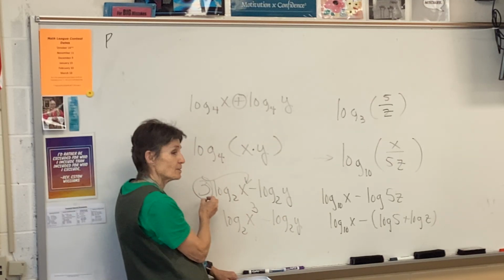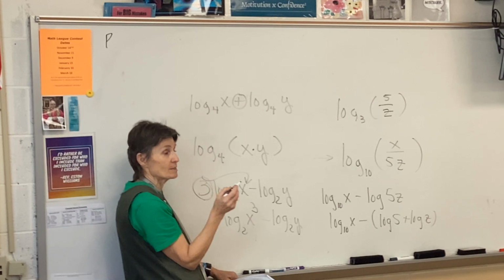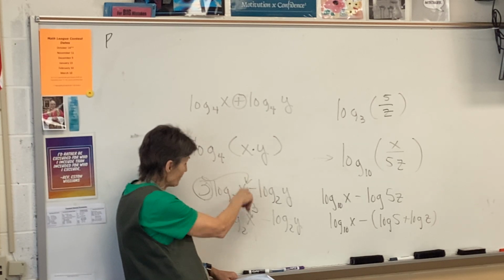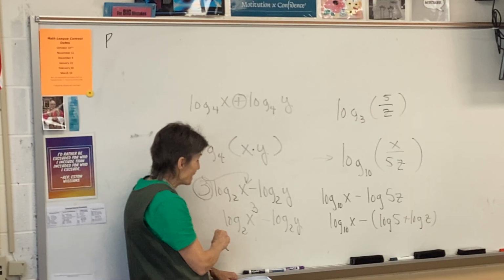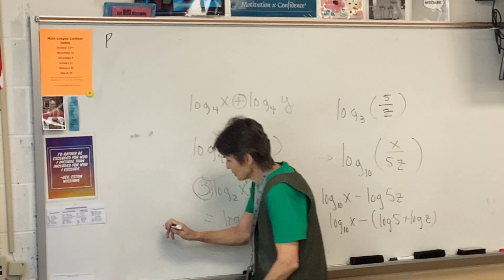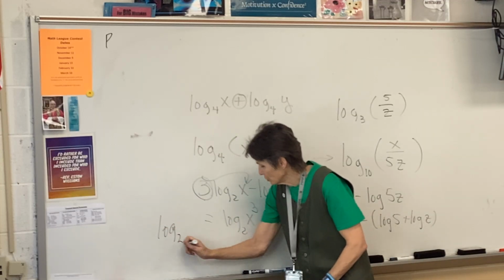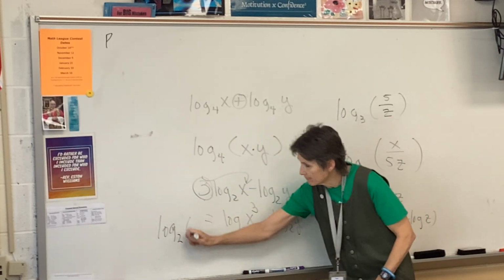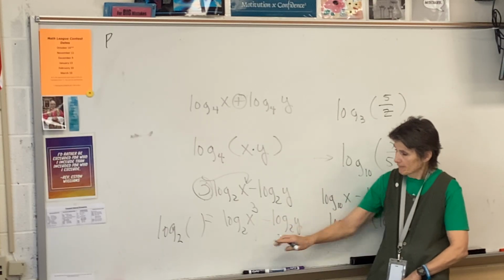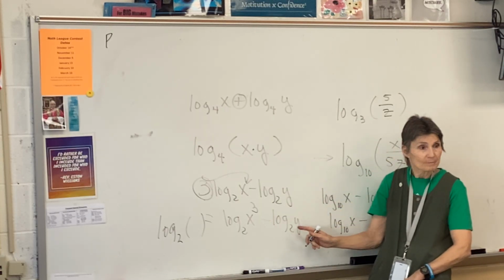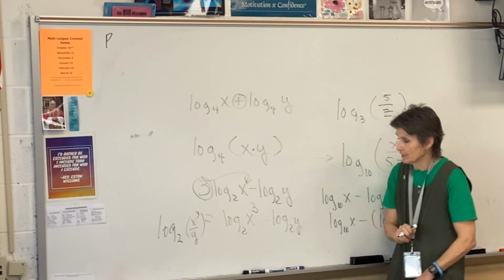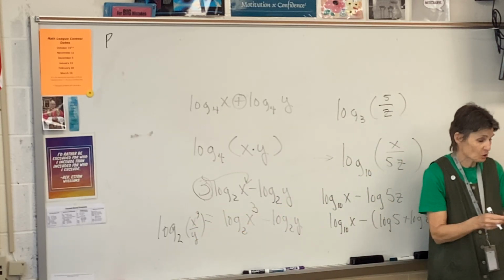So step 1, just like PEMDAS, order of operations, take care of your exponent first. So 3 comes out here, it's that x cubed. And then when I put them together, it's going to be log base 2 of what? How are those going to go together? X cubed over y. Very good. X cubed over y is a division problem.